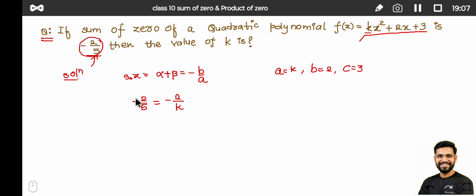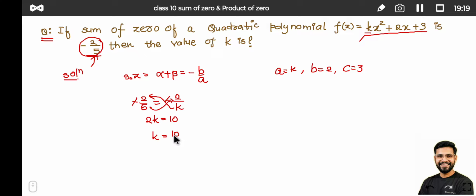From both sides, if we cancel out the minus and cross multiply, k into 2, which is 2k, is equal to 5 into 2, which is 10. So from here k is equal to 10 upon 2, that is nothing but 5. So when the value of k is 5, the sum of zeros is minus 2 by 5. So the value of k for this equation is 5.